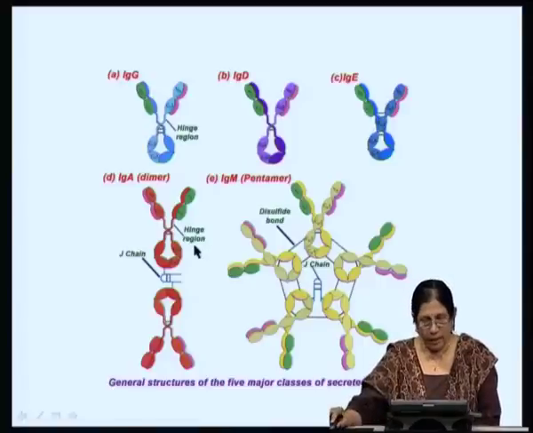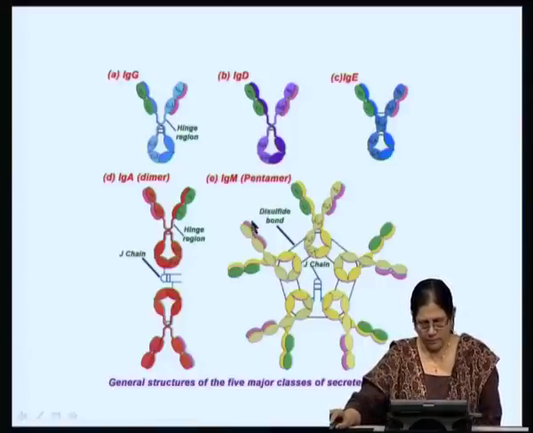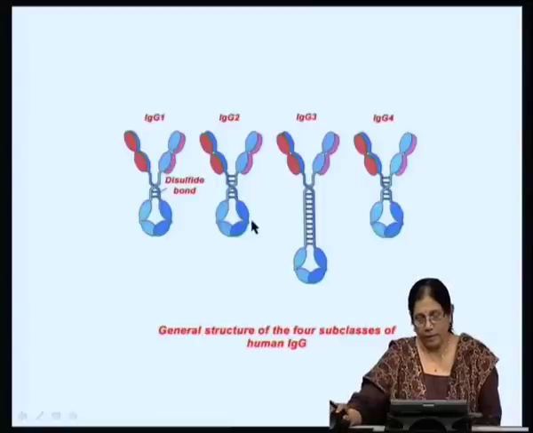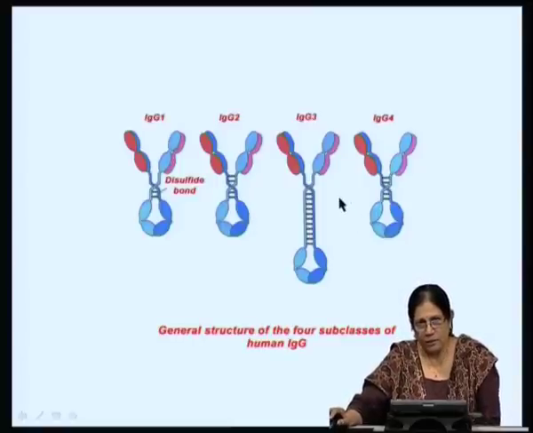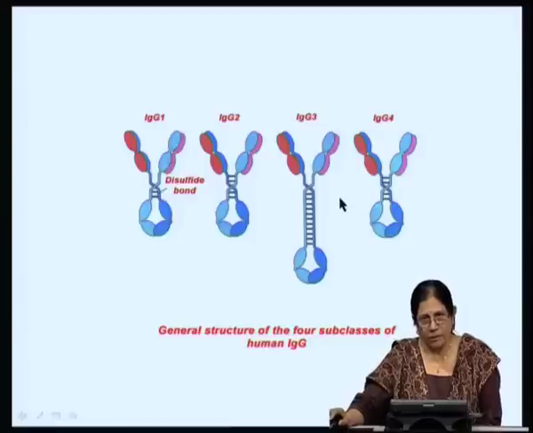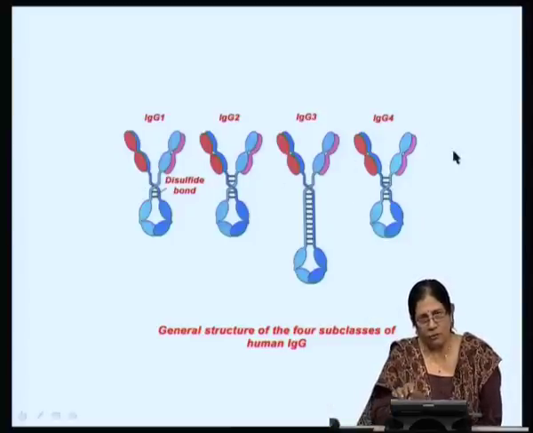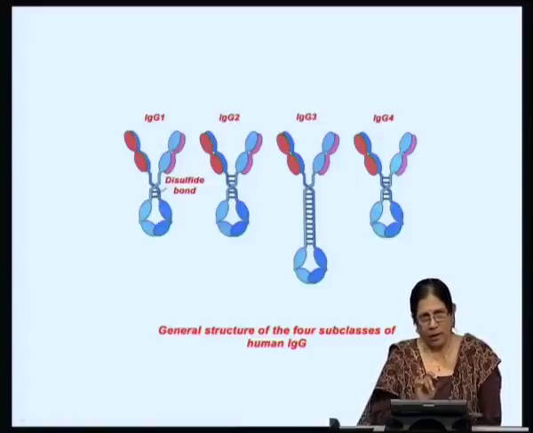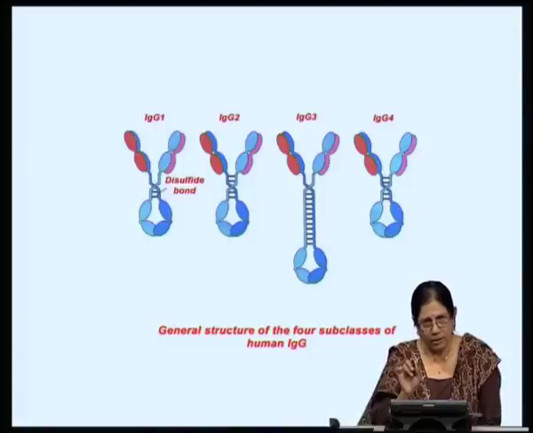Let us see if there are any other similarities. Yes, now let me come to the subclasses of IgG. I have already discussed this with you earlier, that IgG is present in the serum as 4 distinct subclasses: IgG 1, 2, 3 and 4 in human, IgG 1, 2A, 2B, 3 in mouse, and these are also present on memory cells as the antigen receptor.